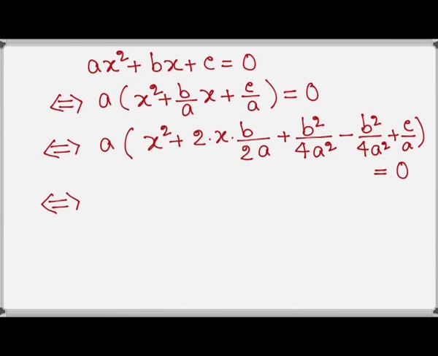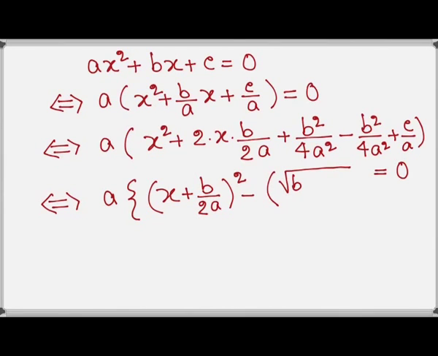So we have a into x plus b by 2a whole square minus square root of b square minus 4ac divided by 2a whole square is equal to 0. So now if we use the formula of x square minus y square and use the fact that a is non-zero, we get that alpha and beta are the solutions of this quadratic equation ax square plus bx plus c is equal to 0.